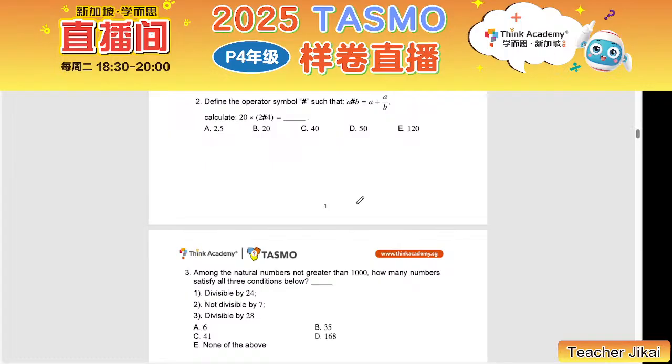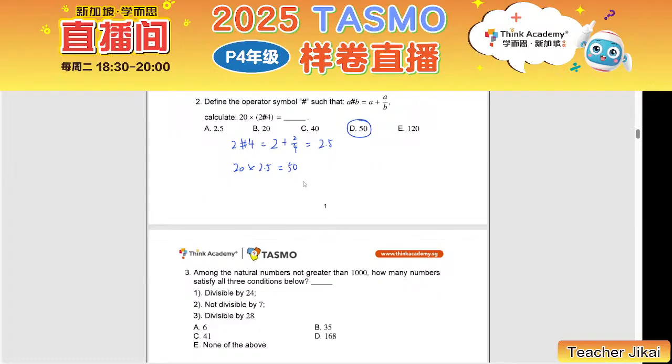So 2 star 4, it is what? 2 plus 2 over 4, right? So we know it is 2.5. Then the thing inside the bracket is 2.5. So the answer here is 20 times 2.5, right? So it is 50.